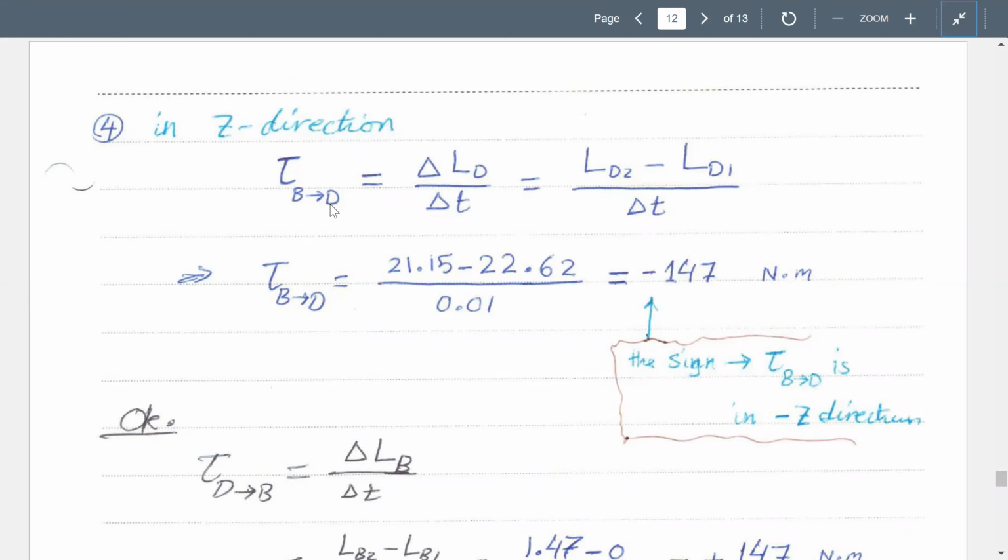The ball affects the disk, so it changes its momentum over this time period, which is 0.01 seconds. So it is the final angular momentum minus the initial angular momentum.